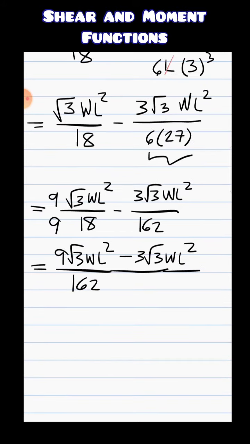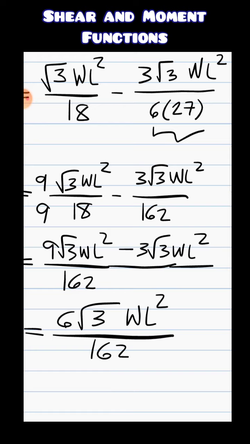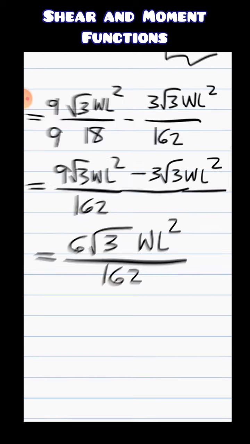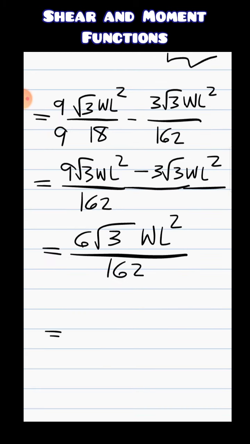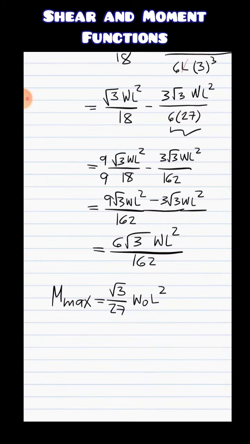If you have 9 of this amount and subtract 3 of it, we're going to have 6 square root of 3 WL squared over 162. And you can further simplify this value as square root of 3 over 27 WL squared. So this is now the value of our maximum moment.